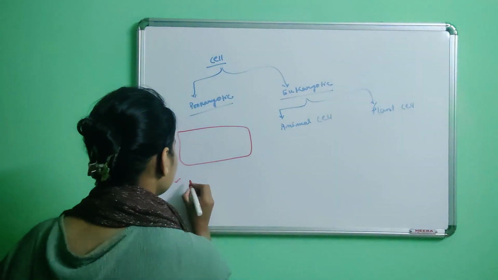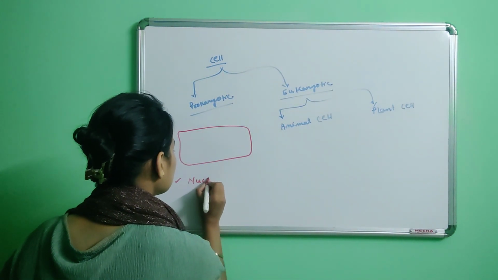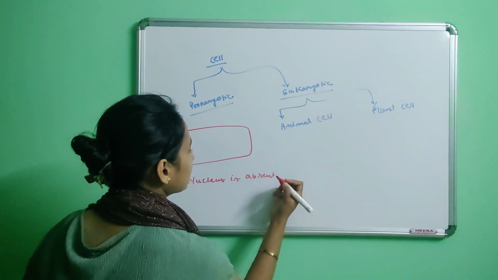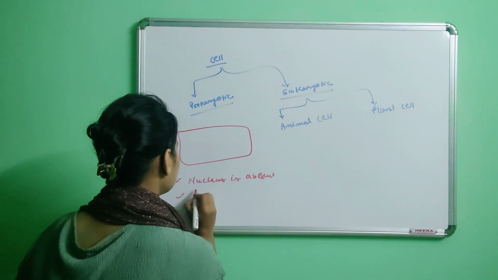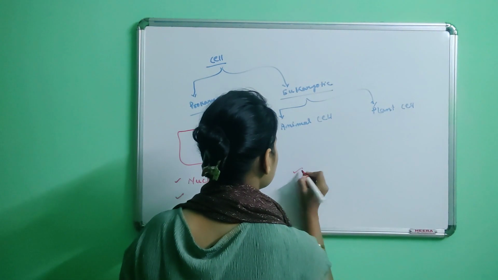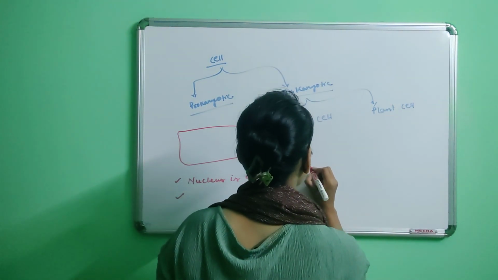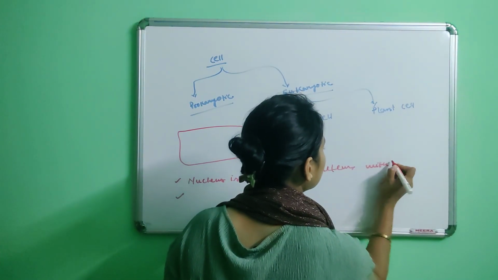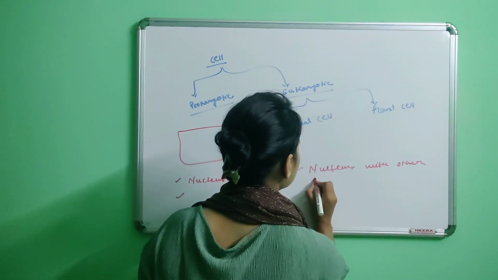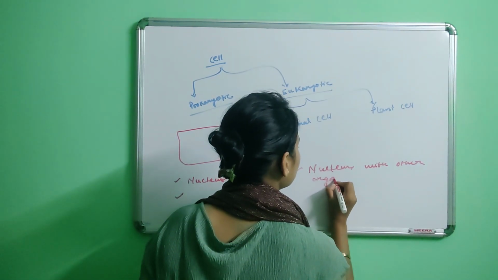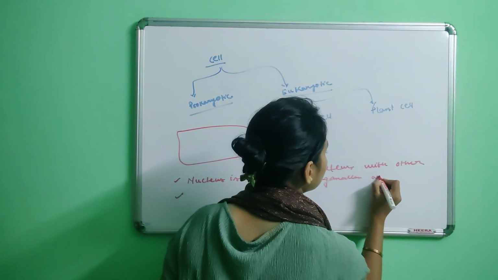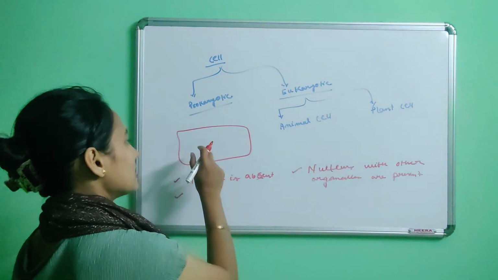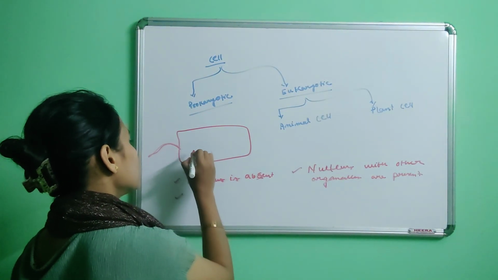So the first point is that the nucleus is absent, and second, the nucleus with other organelles is present. In the prokaryotic cell, there is no nucleus.